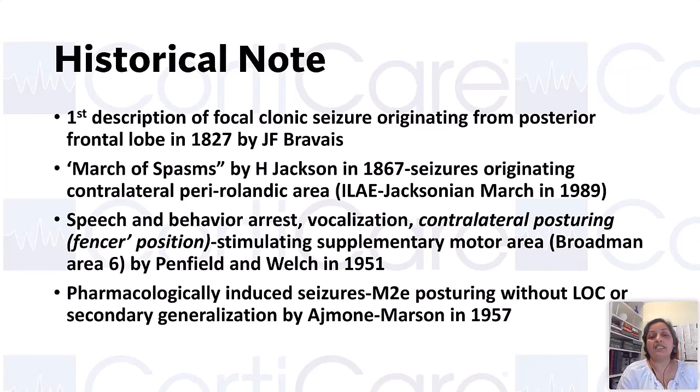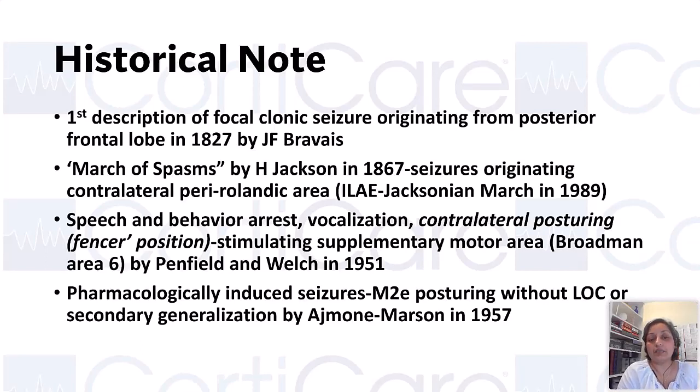The march of spasm, that term was coined by Dr. Jackson in 1867, where he reported that these seizures are originating from the contralateral perirolandic area. And to make this term immortal, the International League Against Epilepsy named it Jacksonian March instead of March of Spasms in 1989. But this kind of semiology of frontal lobe seizure was described in 1867.